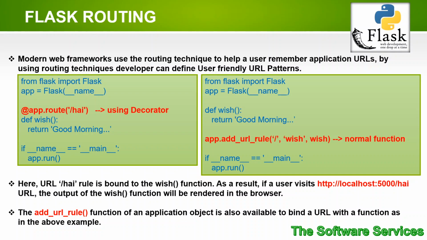Generally, what is called routing, friends? So what do you mean by routing? Routing means to show a path. Okay, to show a path, right? Just like a traffic police in the junction.